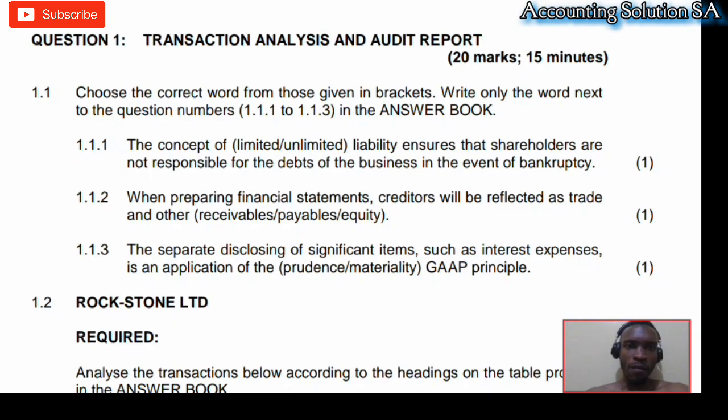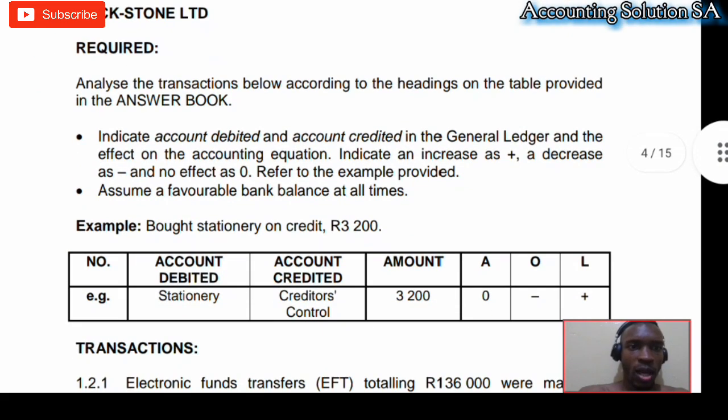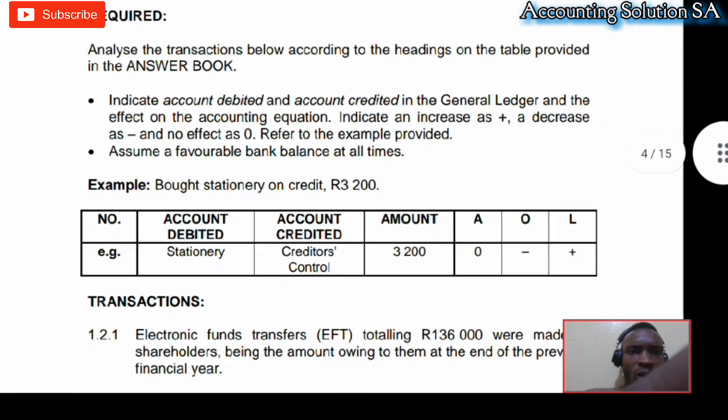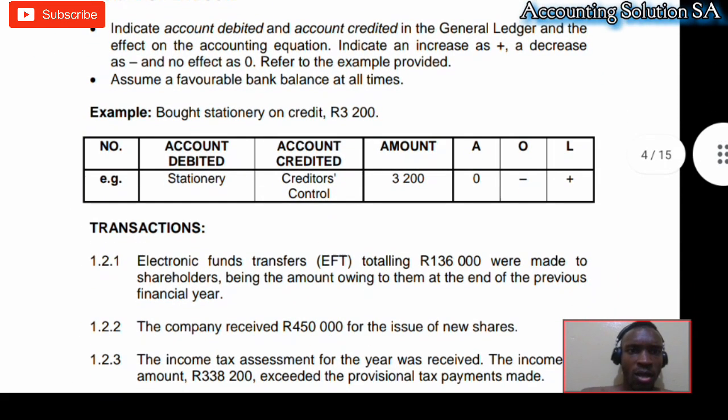Guys, remember, if you take this question, you have to know your balance sheet. Know the format of a balance sheet, know what belongs under receivable, know everything that belongs under payable, know everything that belongs under equity, so that you will be able to answer any question that they're going to set. Okay, and let's go to the other question and review how you should study it.